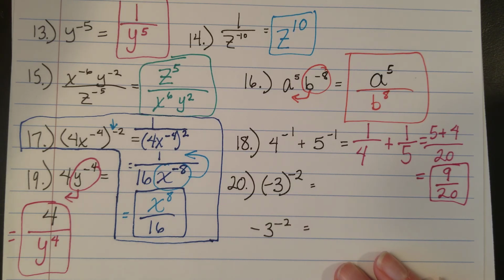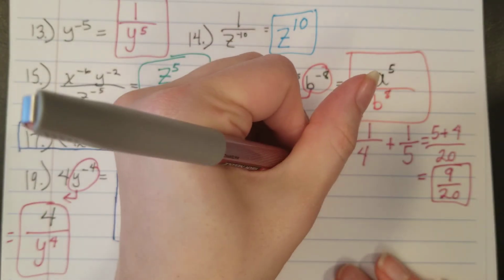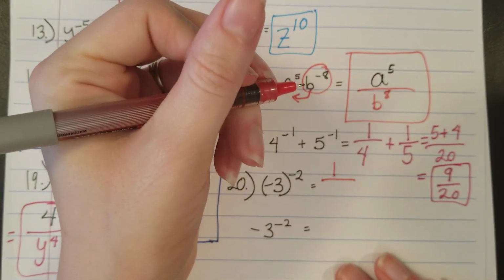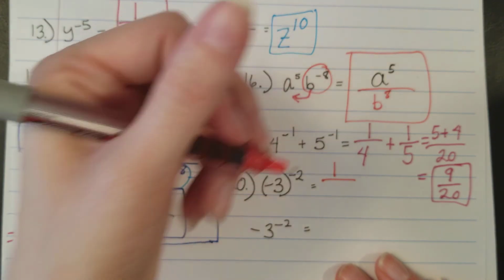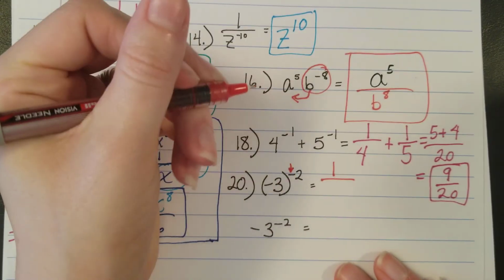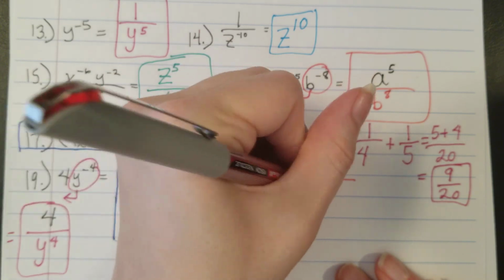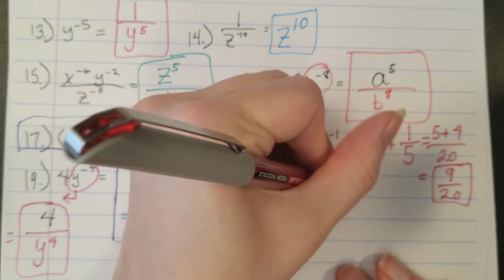All right, so number 20, I have negative 3 raised to the power of negative 2. All right, so I want to get rid of the negative in the exponent, so I will put a 1 over it. So it would be 1 over, okay, now all we're doing is we're getting rid of that negative sign. So the part that's in the parentheses stays the same.